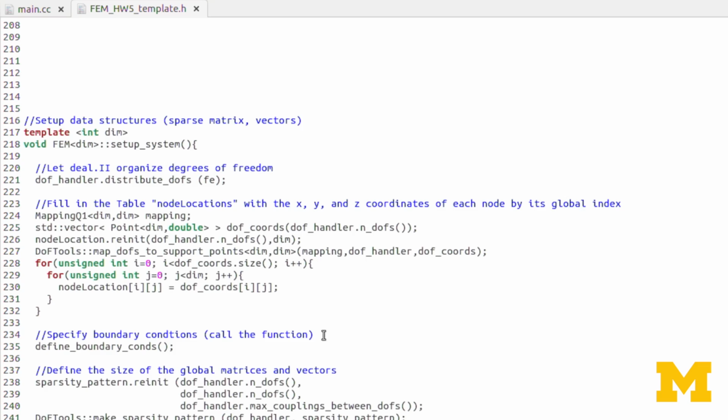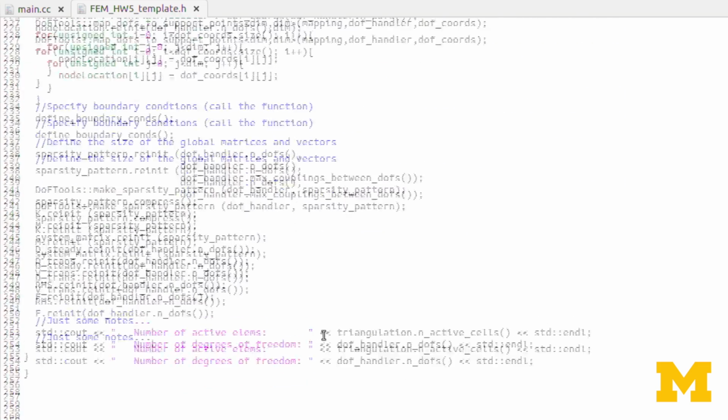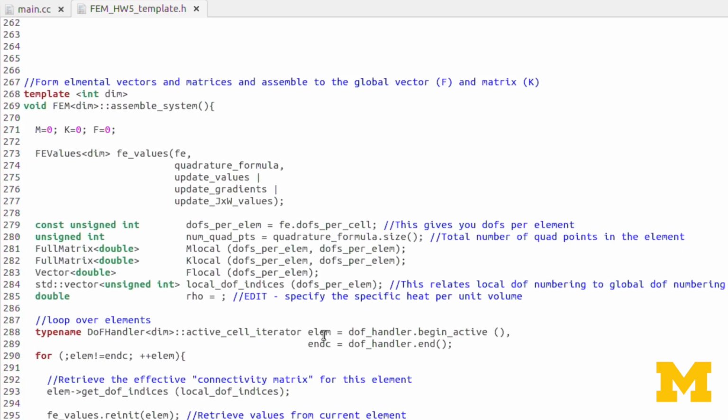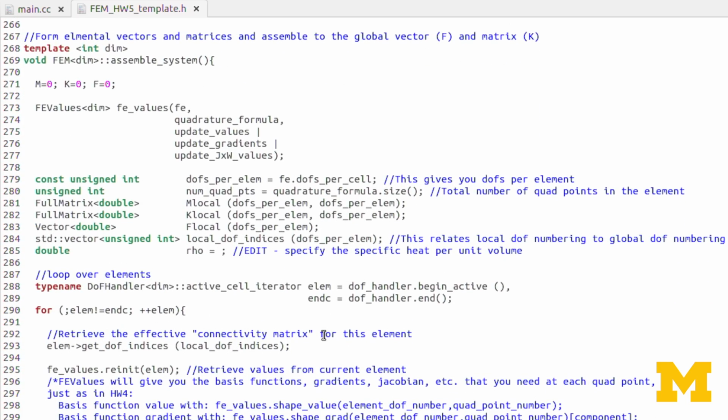Again, setup system is very similar to previous problems. There's nothing for you to change here. Let's look at assemble system very quickly before we end this segment. This is going to be sort of a mixture of the previous two homework assignments, your heat conduction problem and using FE values in the linear elasticity problem. Again, we have FE values here.